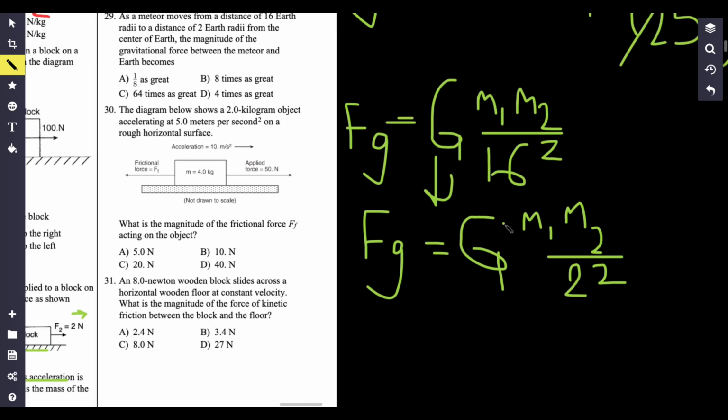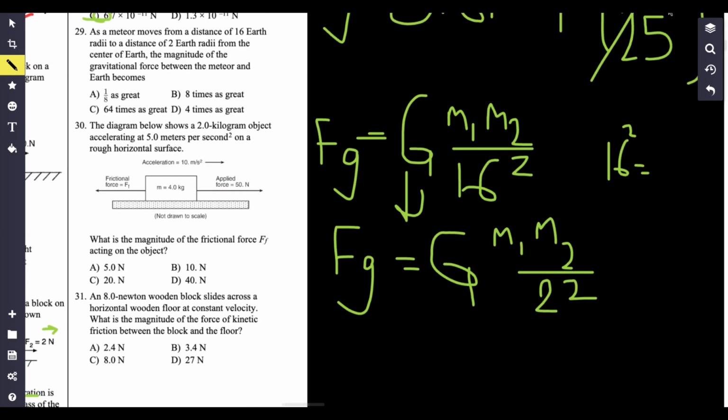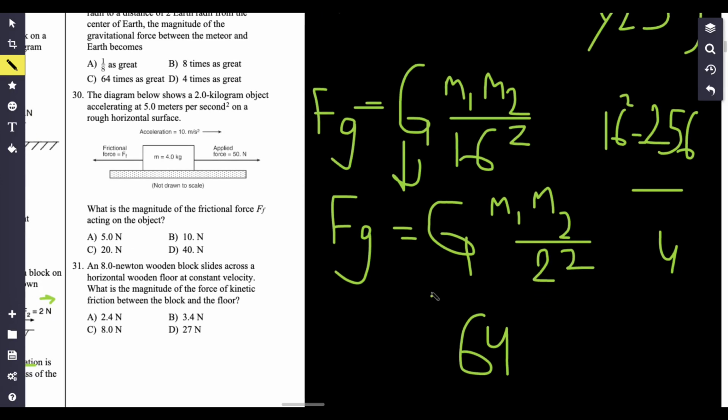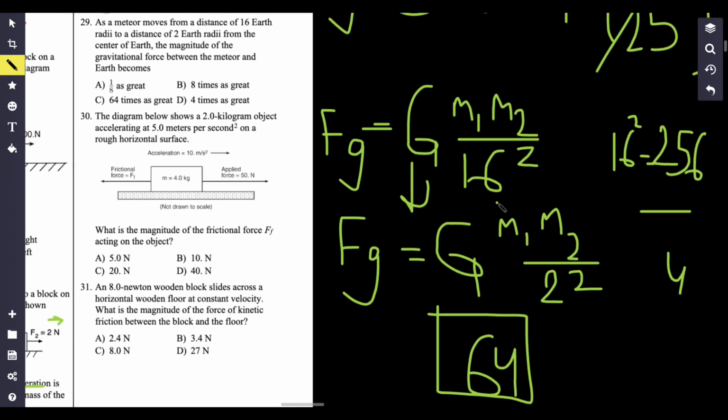Okay. So how would this change? Well, 16 squared is equal to 256. 2 squared is 4. And 256 divided by 4 is equal to 64. What this is saying is that if the distance goes from 16 to 2 meters, this attraction is going to get 64 times stronger.